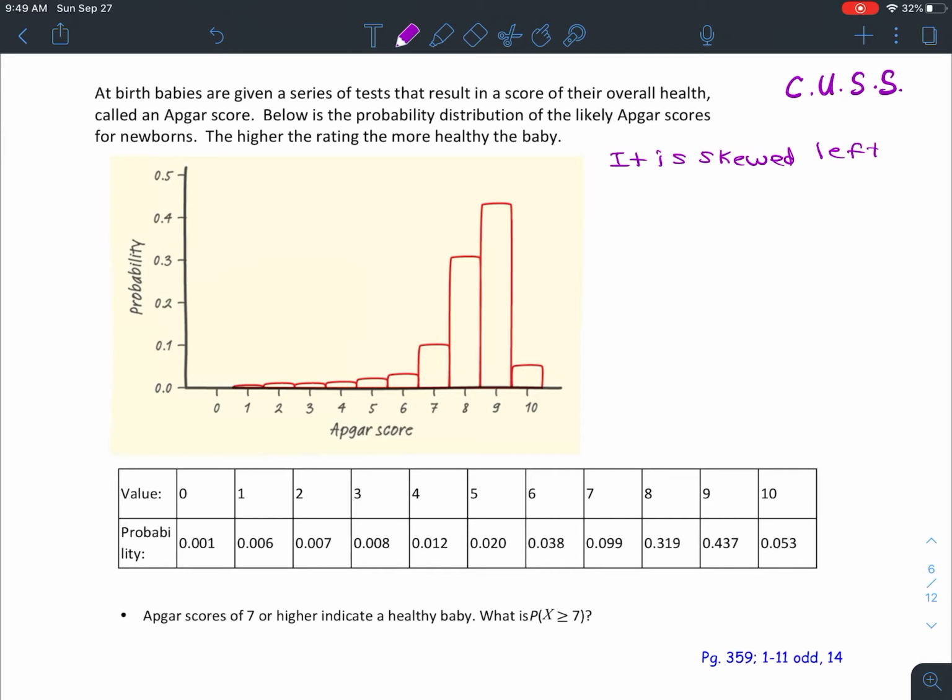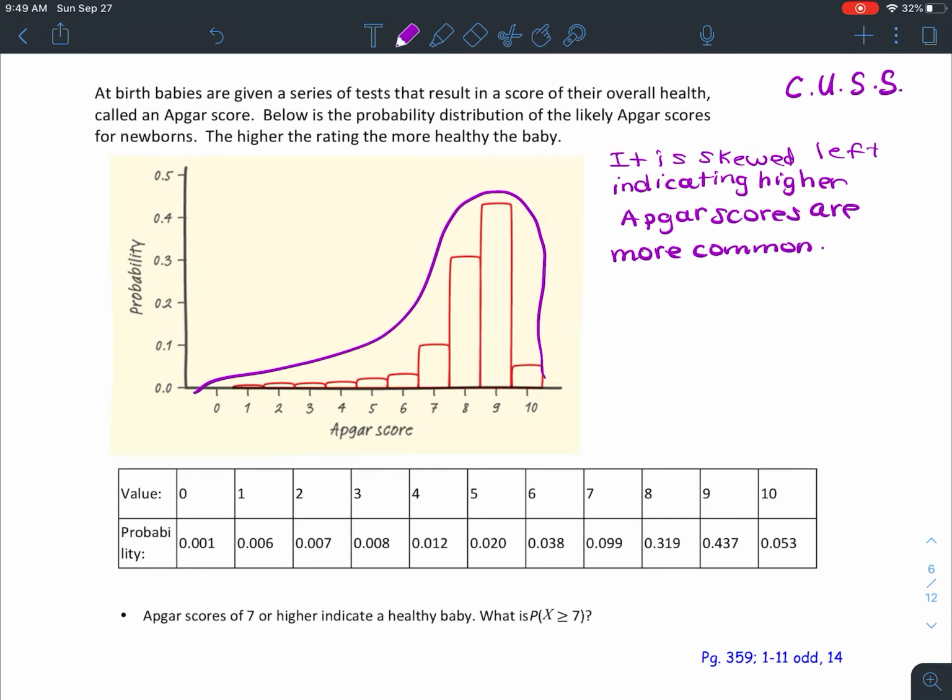Certainly it looks like the shape of this is skewed left. So we're going to say it is skewed left. And I'm going to add a little bit of context here, indicating higher APGAR scores are more common.